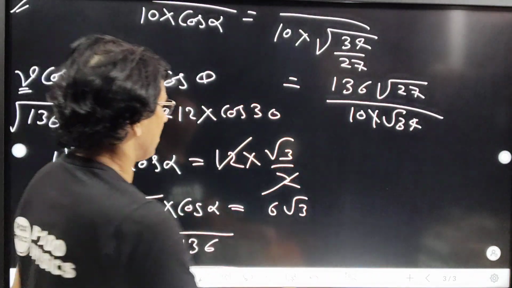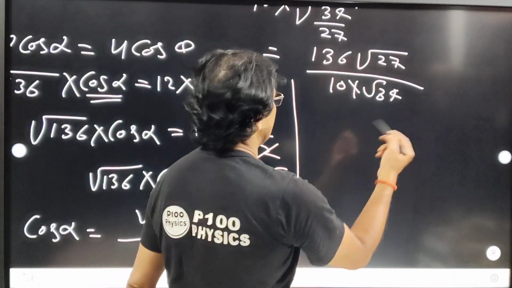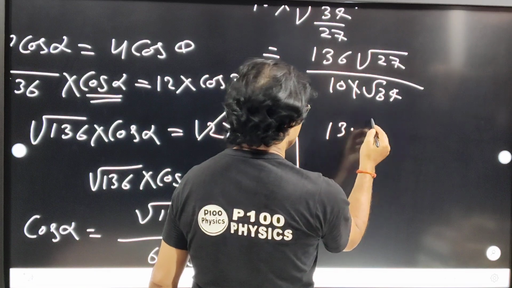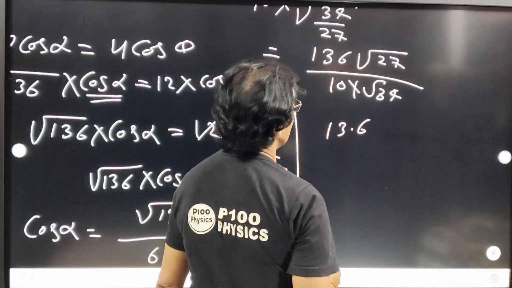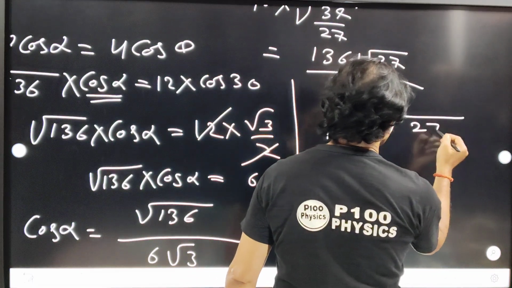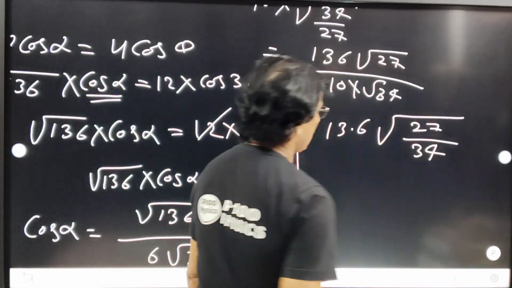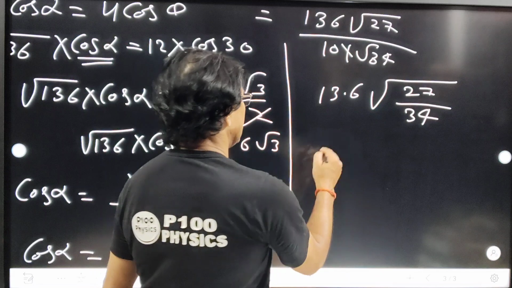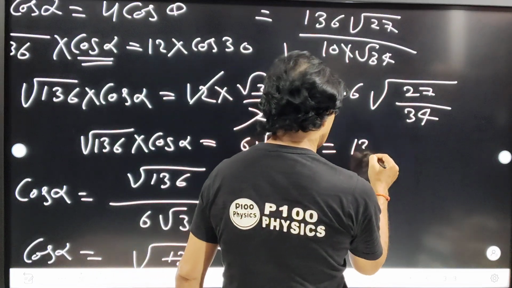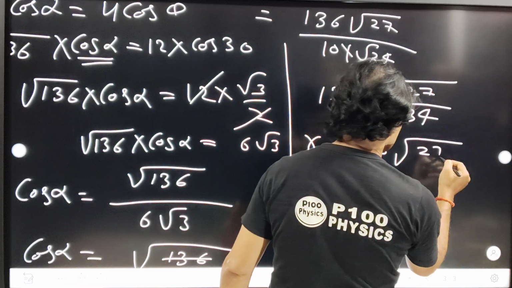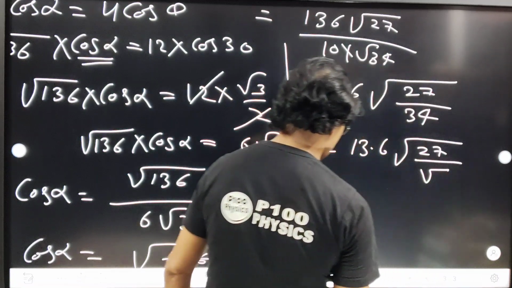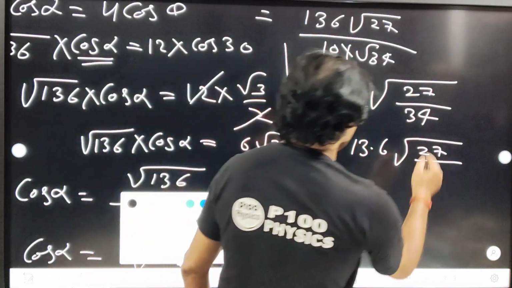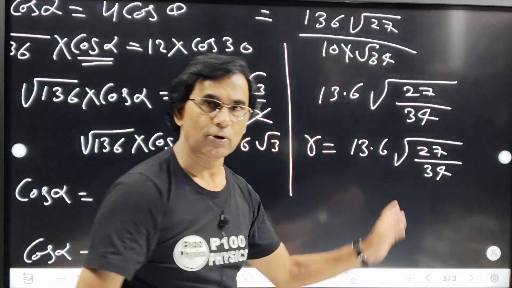This is the radius of curvature and it can be solved further. Therefore that will be 13.6 under root 27 upon 34. So r equals 13.6 under root 27 upon root 34. This will be the value of the radius of curvature.